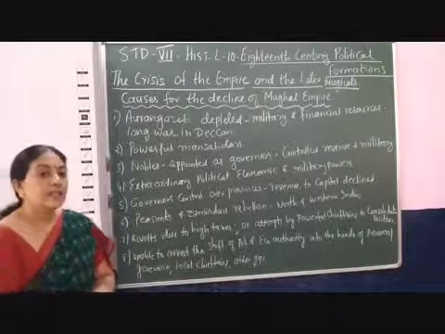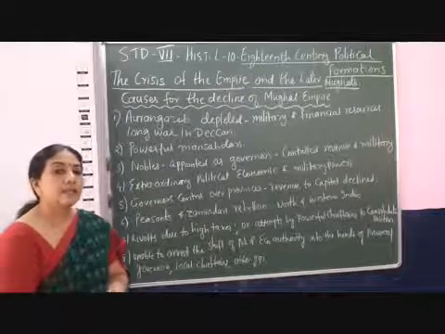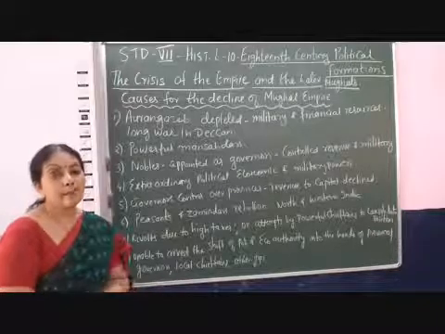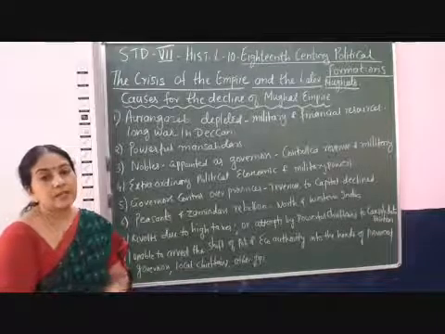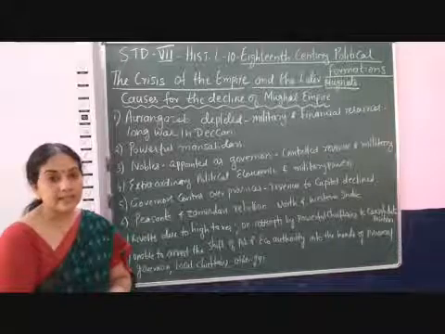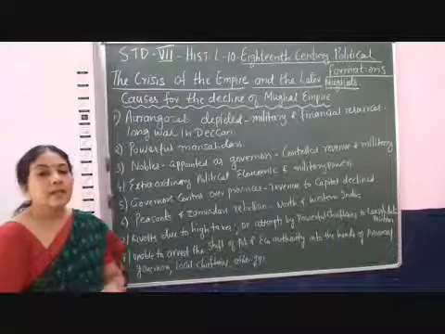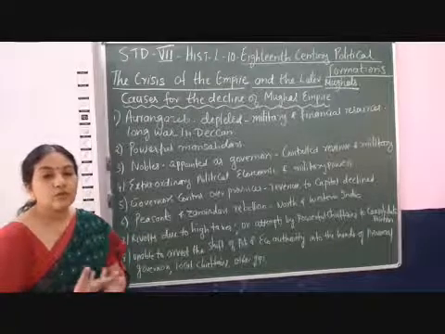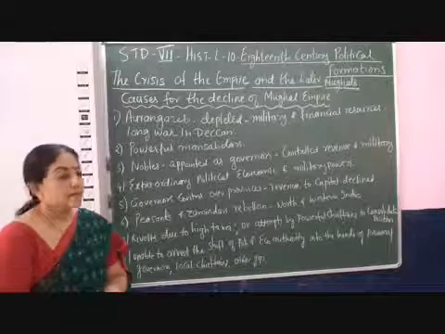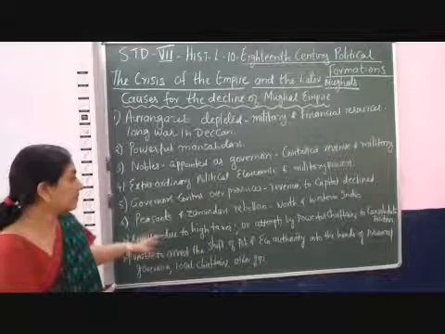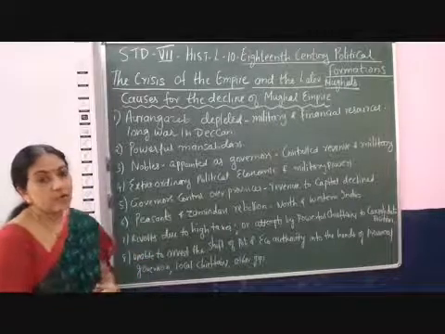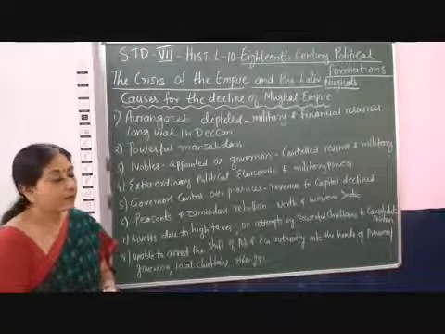Now, on the other side, the peasants and the zamindars started rebellion. The peasants rebelled because of high taxes. Then, many of the zamindars also wanted to grab power. Especially this happened in northern India and the western part of India.